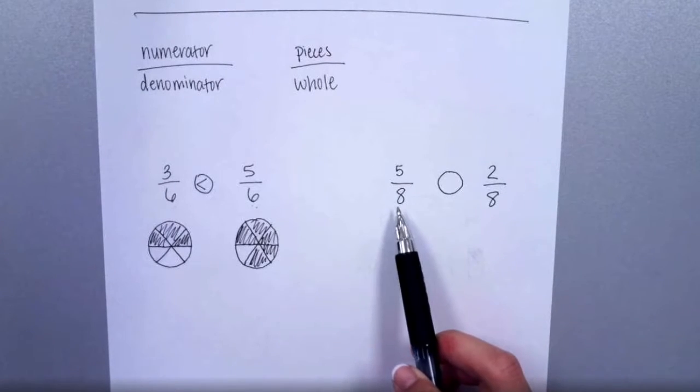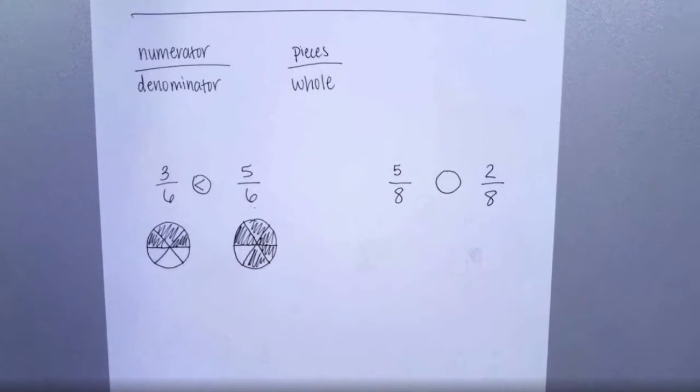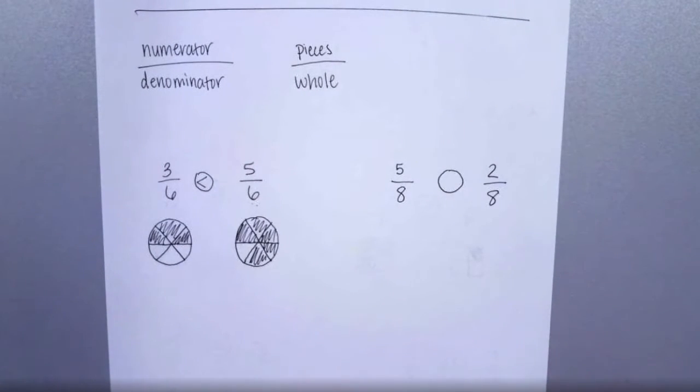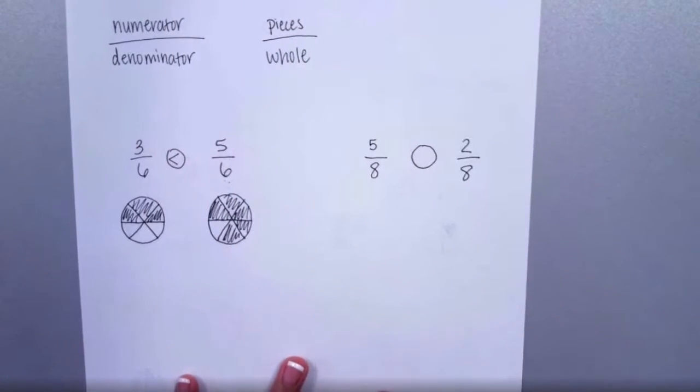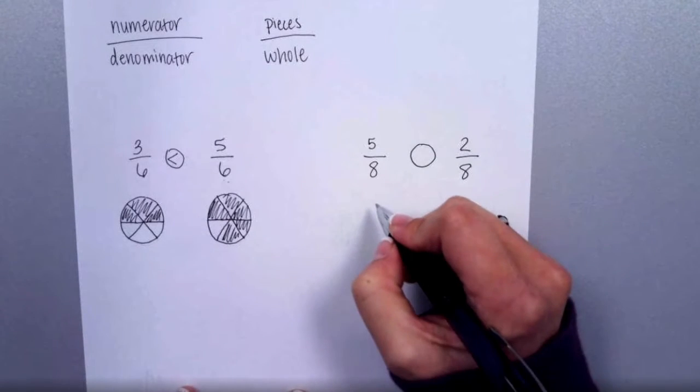Well, I can see that my denominator is the same in both fractions, so I'm dealing with the same parts of the whole. I also know that I can draw a picture to visualize these fractions, because again, I'm a visual person. I need to see it drawn out.